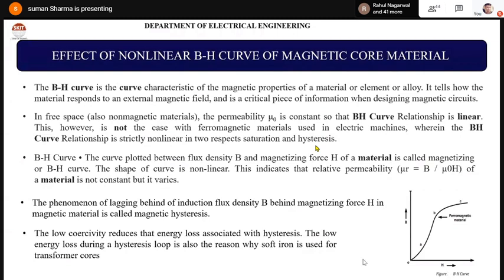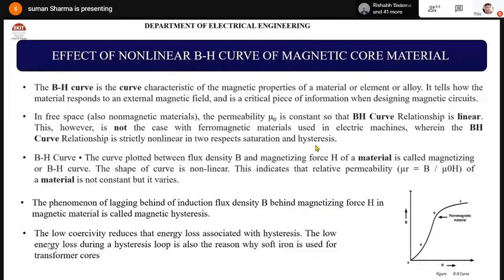So the low coercivity reduces the energy loss associated with the hysteresis, because when your H value is low, it indicates the area of this loop is lower, and this area being lower means it is a narrow loop, and whenever it is a narrow loop, there will be lower hysteresis losses.